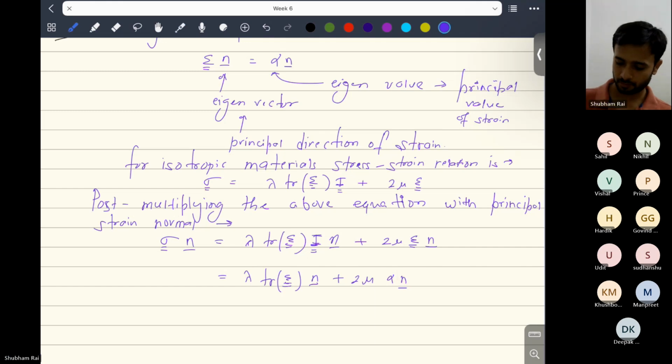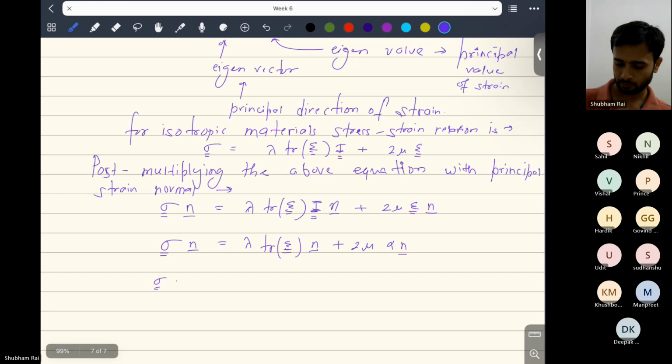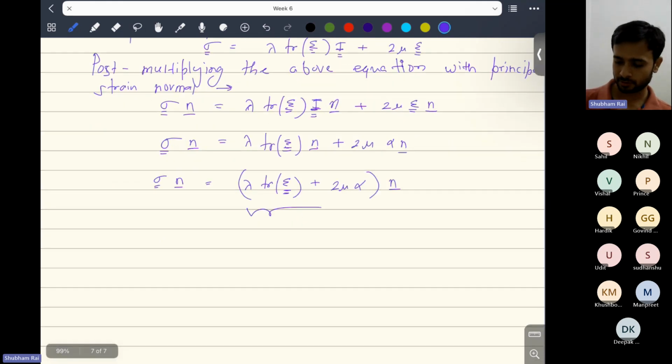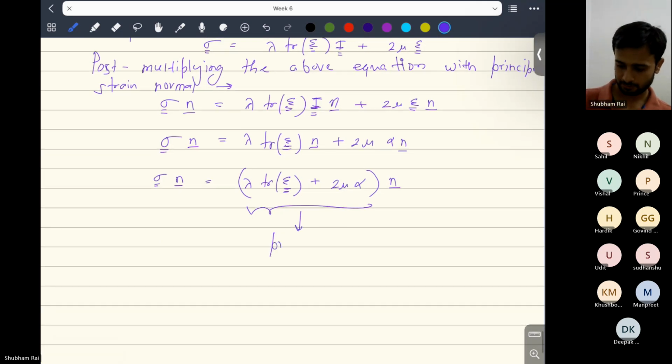So now I can write it like this. Now I can take n as common: lambda times trace of epsilon plus 2 mu alpha, times n, that you are getting. And if you see, this is nothing but the principal value of stress. Why?